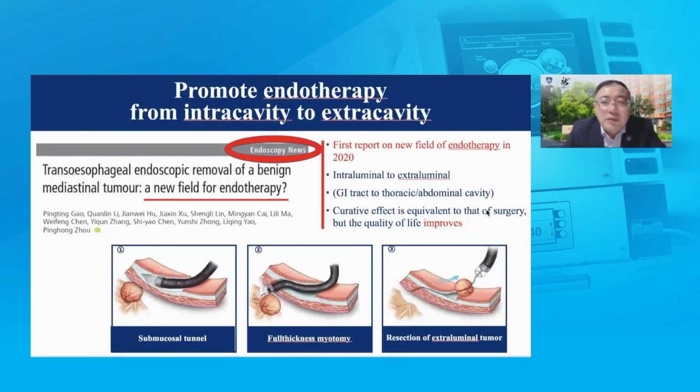In 2010, in the Gut Journal, we reported another case, transesophageal endoscopic removal of a benign mediastinal tumor. It means this is a new field for the endoscopy and promotes the endoscopy from the intracavity to the extraluminal cavity.